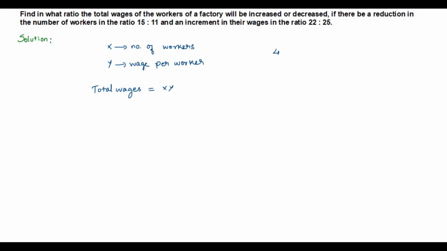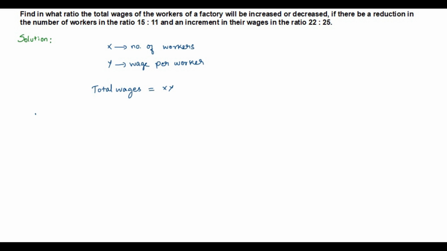For example, there are four workers in the factory and each worker is paid rupees 50 wage. So what is the total wages? It's 4 times 50, that is 200 rupees. That's the logic we have taken here. To find the total wages, we multiply number of workers and wage per worker.